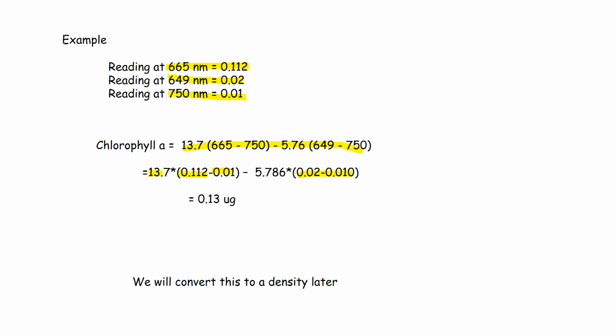Doing the calculations, this tells us that the total amount of chlorophyll A on the subsample of stone was 0.13 micrograms. Later we're going to convert this to a density.